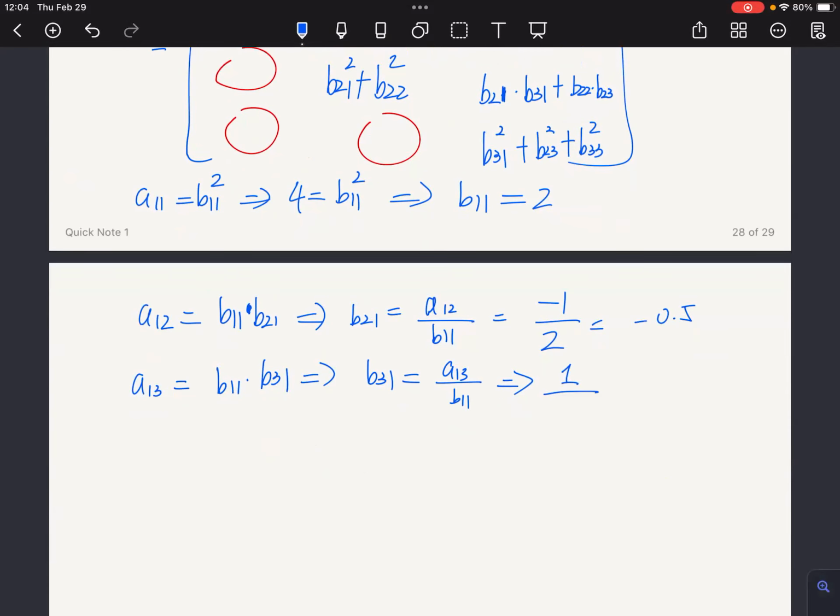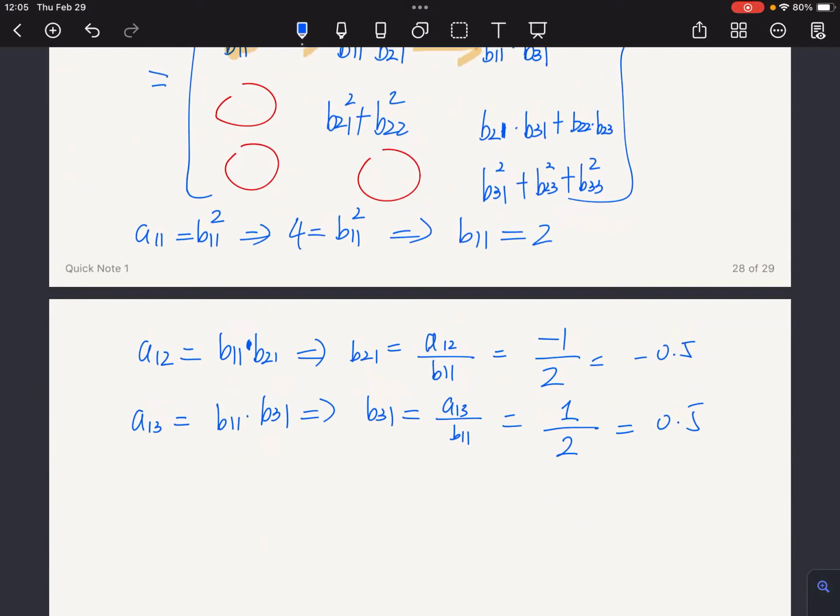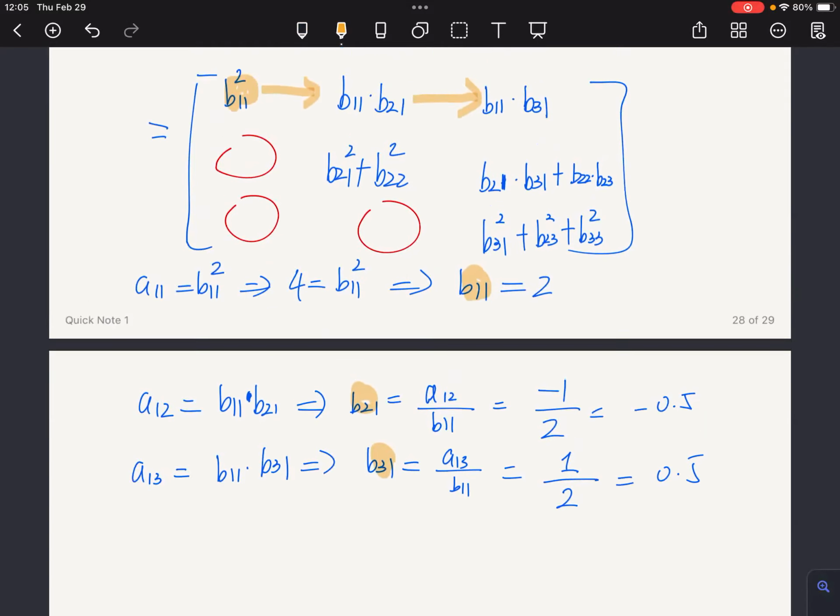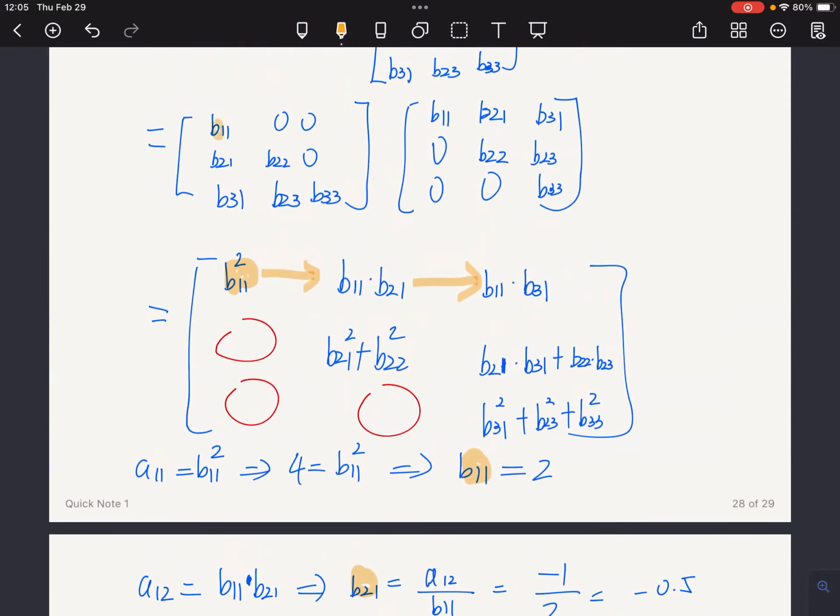And B11 is from step 1, the result B11 is 2. So I get 0.5, and that is B31. I have already solved for B11, B21, and B31, which means I already know the first column values after the first round of calculations.